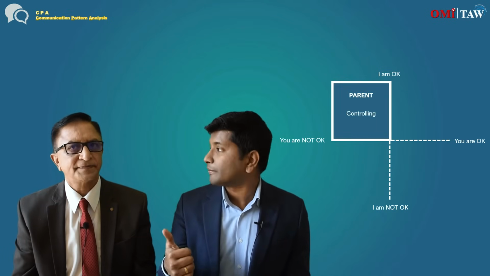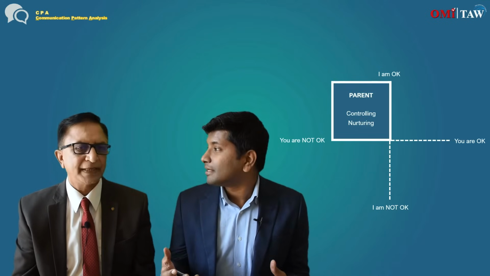In the parent also, there could be two types. If you think about it, as a parent in this situation, you could, one, be controlling, dominating. Because you know the answers, you know the outcome, therefore you try to influence the outcome based on your power or position. This comes out in your words, and in your gestures as well. Aggression or dominance.